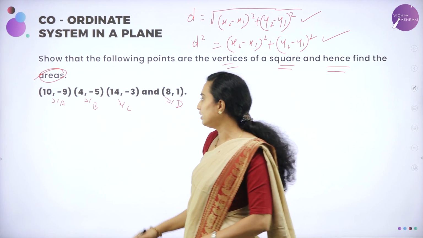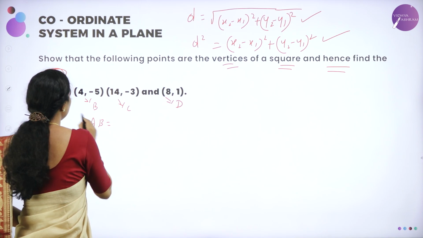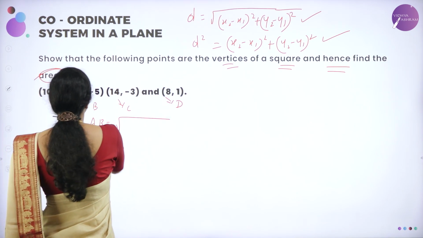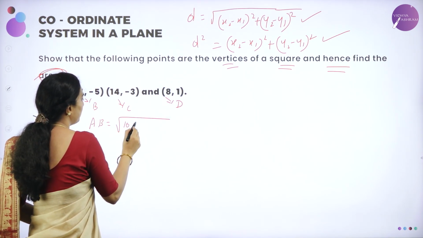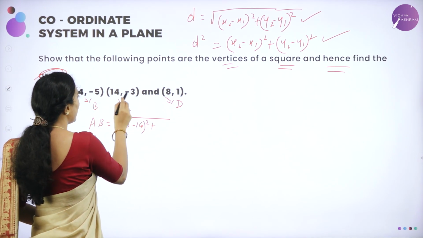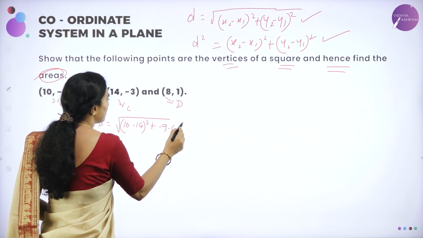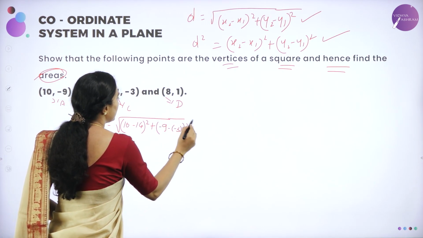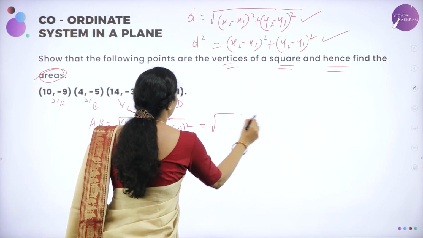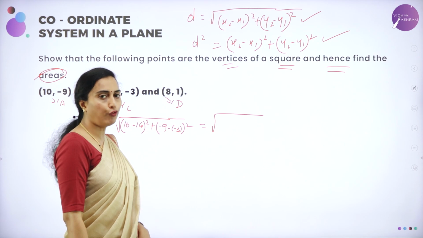AB will be equal to the square root of (10 minus 14) whole squared plus (minus 9 minus of minus 3)... minus 1 minus of minus 3 whole squared. What is 10 minus 14? It is minus 4, correct?